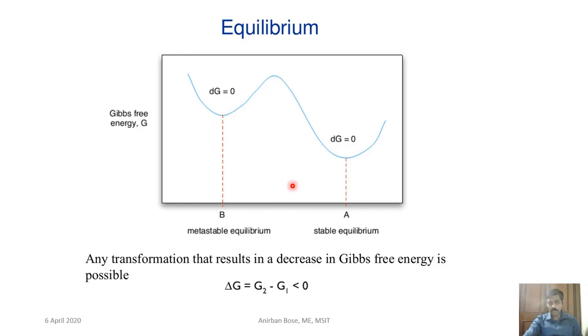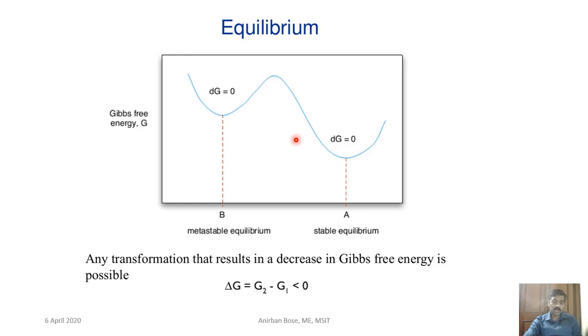So suppose one equilibrium system is there and you are changing its environment. Changing its environment means you are changing maybe the temperature, the pressure, or whatever that may be. Because of the change of its surroundings, the system may go to another equilibrium phase, and this will happen only if in the second case the free energy is less.